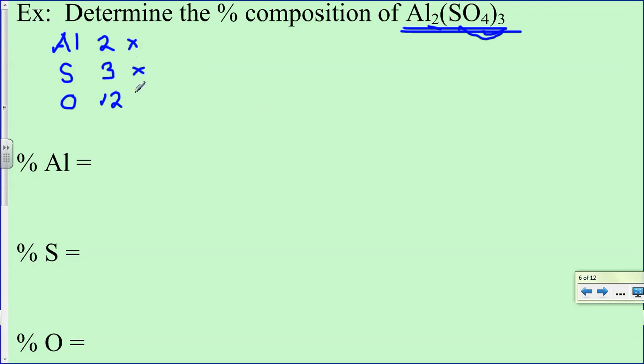We're going to multiply by the atomic mass of the element, and we want to round to the tenths position. So aluminum's mass rounds to 27.0. Sulfur rounds to 32.1. And oxygen rounds to 16.0.